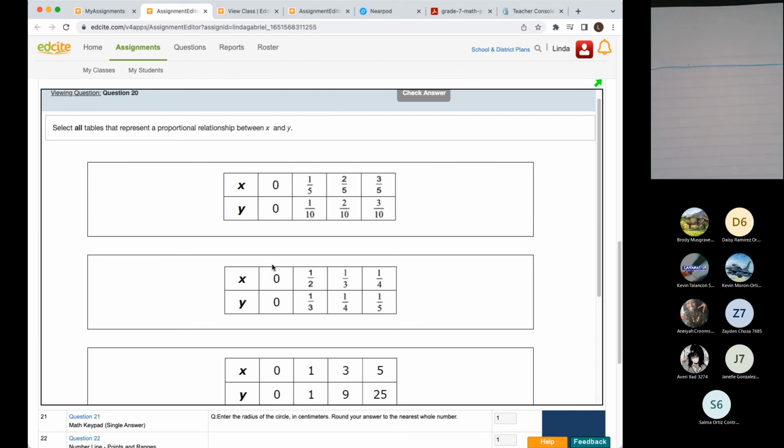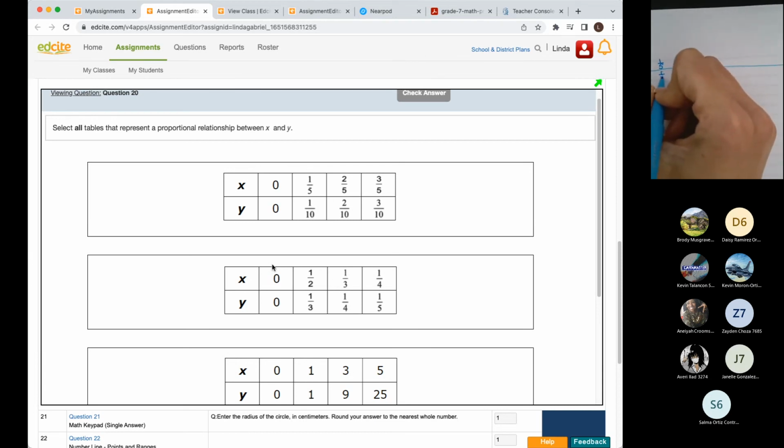That's consistent. So for my first one, I have 0, 1/5, then 2/5, 3/5. And I can see here that my values are increasing, right?